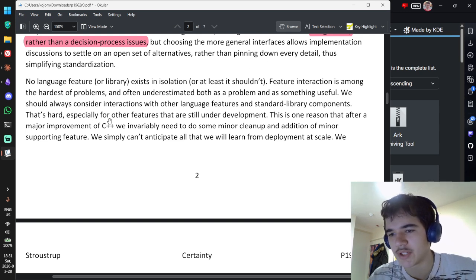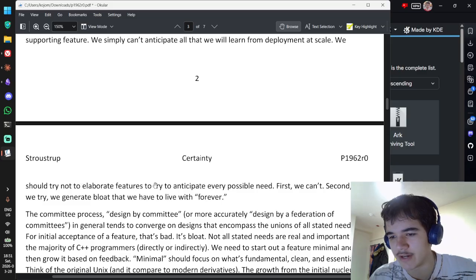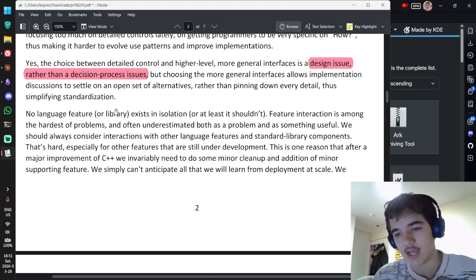That's hard, especially for other features that are still under development. This is one reason that after a major improvement of C++, we invariably need to do some minor cleanup and addition of minor supporting features. We simply can't anticipate all that we will learn from deployment at scale. We should try not to elaborate features to try to anticipate every possible need. First, we can't. Second, if we try, we generate bloat that we have to live with forever.